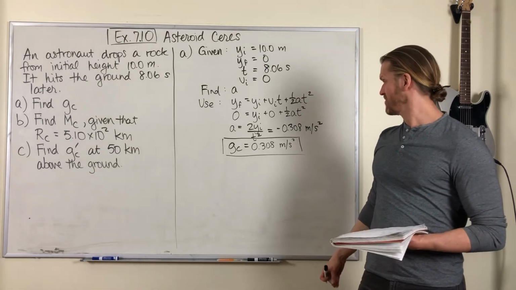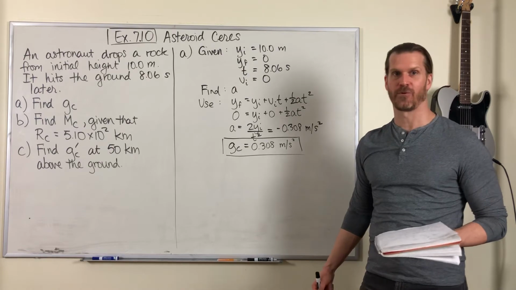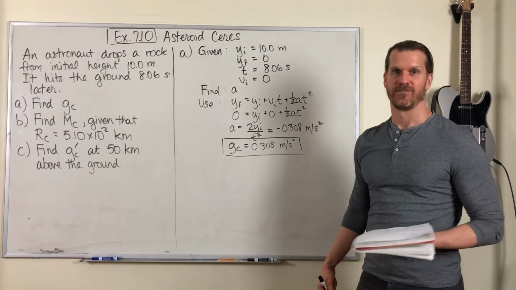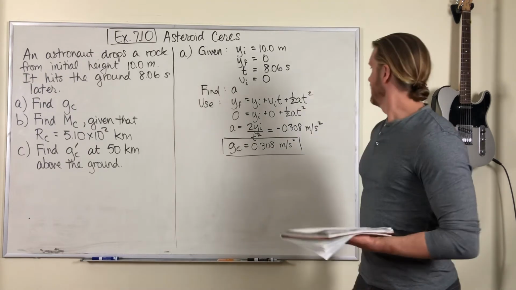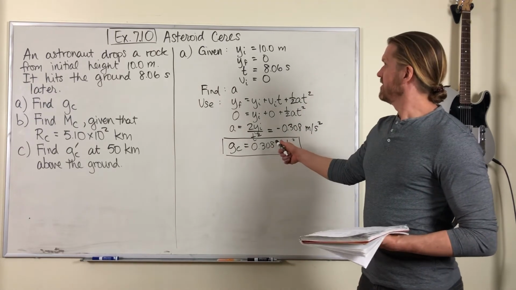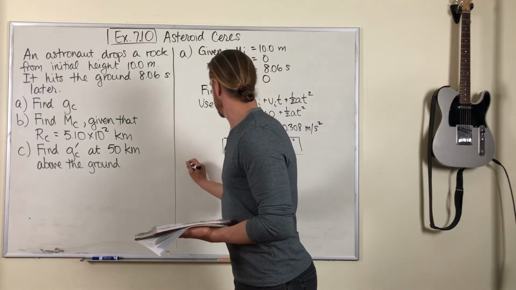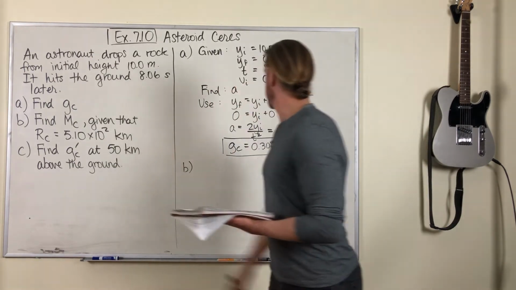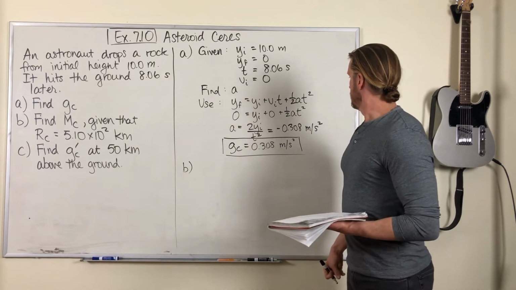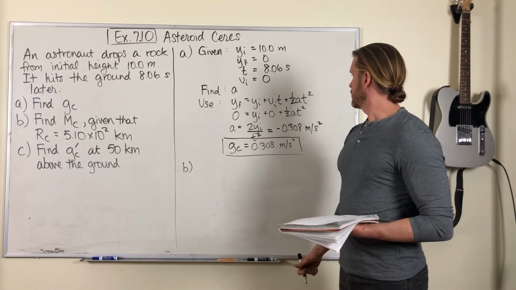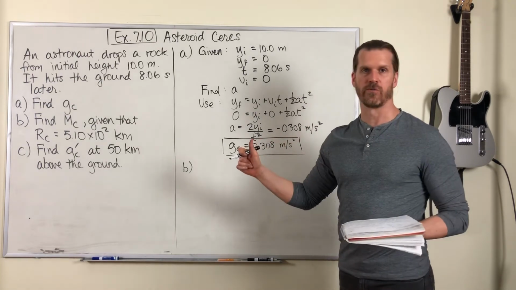Looks like it would take like 30 times as long, it's falling 30 times slower. Okay. Part B. Actually, it takes square root 30 times as long.